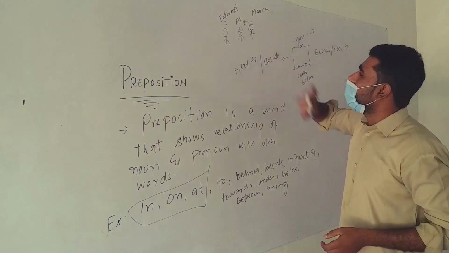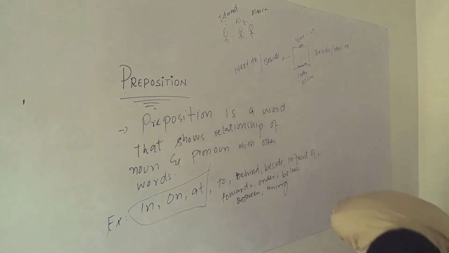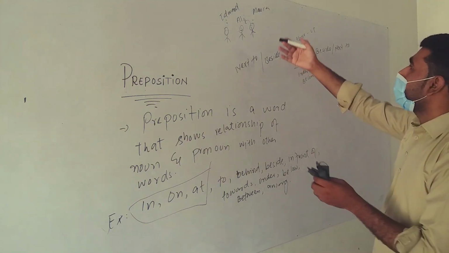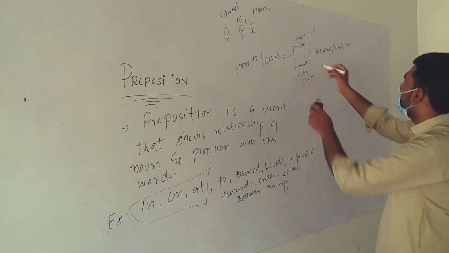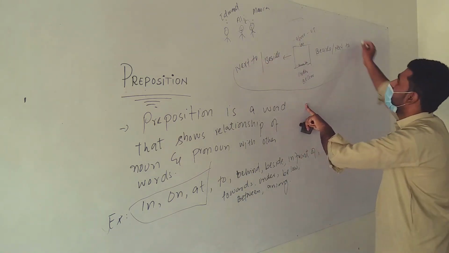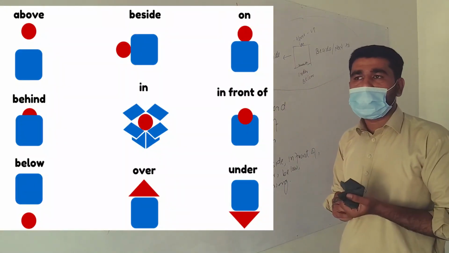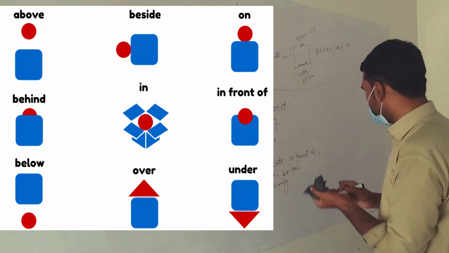Then we can say that it is behind. I have already given you examples, but you should focus on this one. I have given the example on screen, so you can also see there.